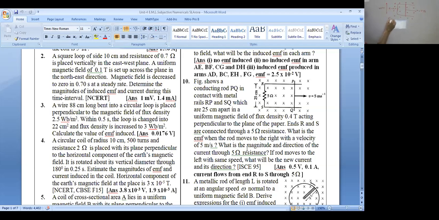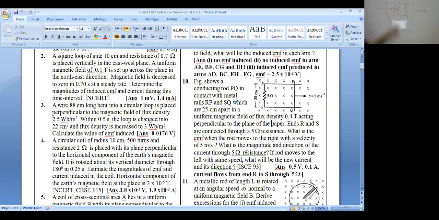The formula for EMF we know is E = BLV. B is the magnetic field, L is the length of the conductor PQ, and V is the velocity. Putting the values of B, L, V, we can easily find E. The current is simply E by R, where R is 5 ohm.